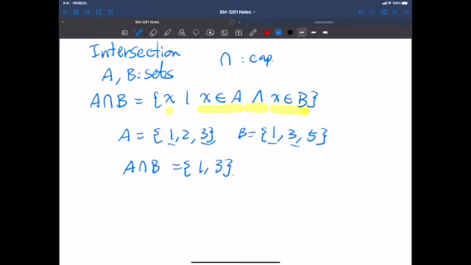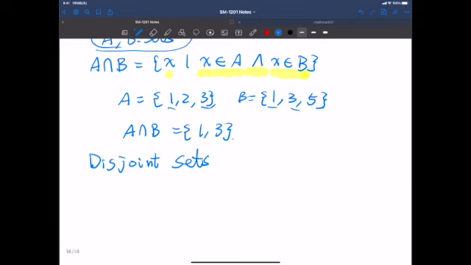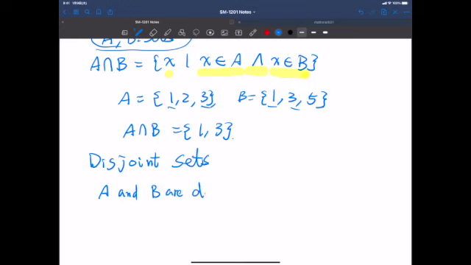And let's define the notion of disjoint sets. Again, let's say A and B are sets. Then we say A and B are disjoint if A cap B is empty.